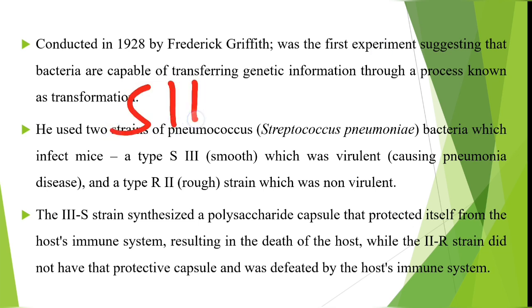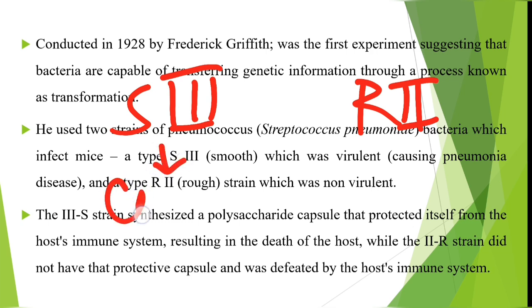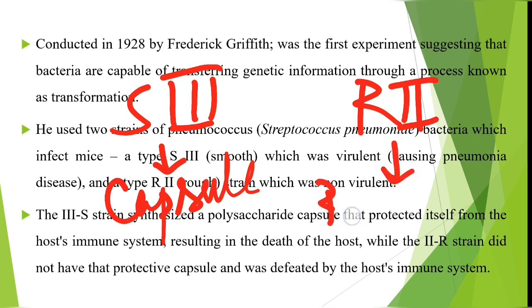He took two strains, R2 and S3. The S3 strain is called the smooth strain, having a capsule on its cell, and R2 is called the rough strain as it has no capsule on its cell.